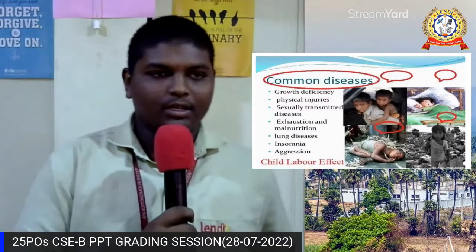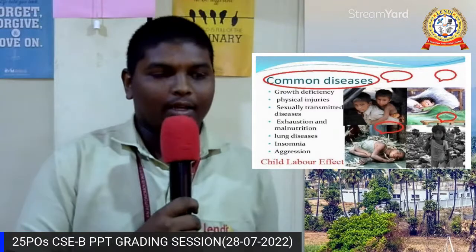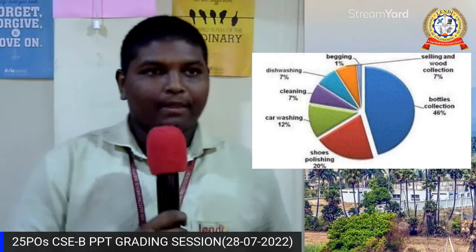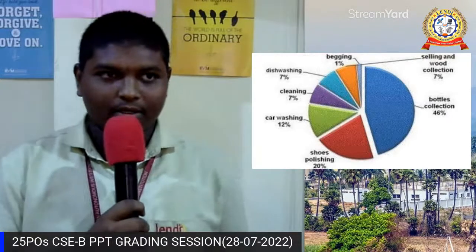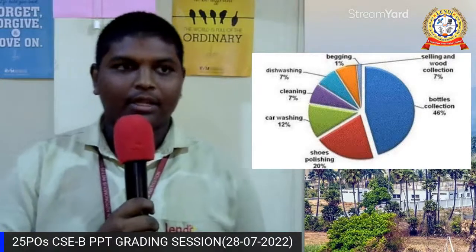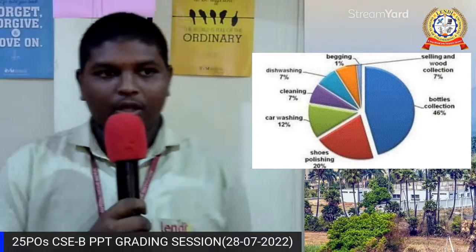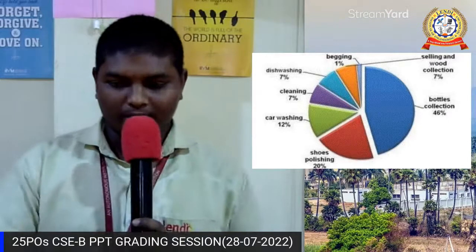Common problems for child laborers: growth defects, physical injuries, lung disease. World Day Against Child Labor. In child labor: packing 1%, dishwashing 7%, cleaning 7%, car washing 12%, shoe polishing 20%, bottle collection 46%.